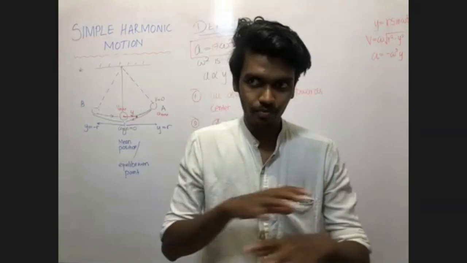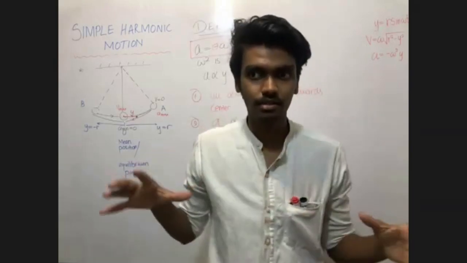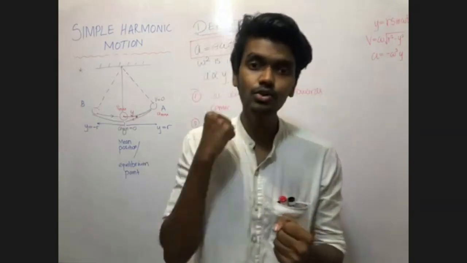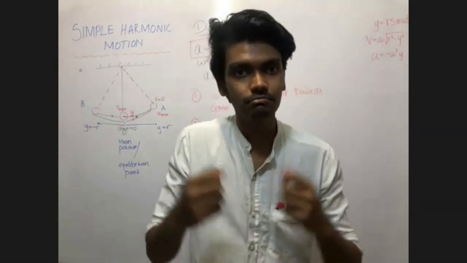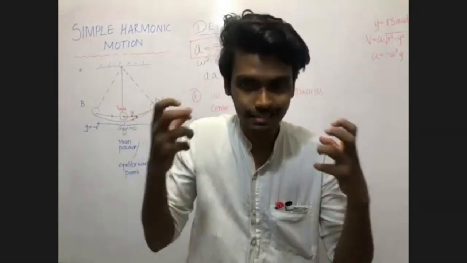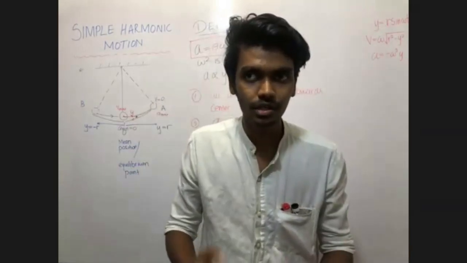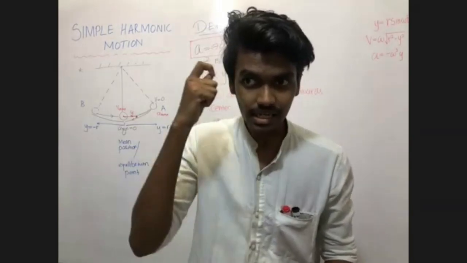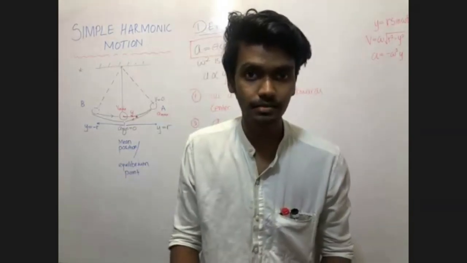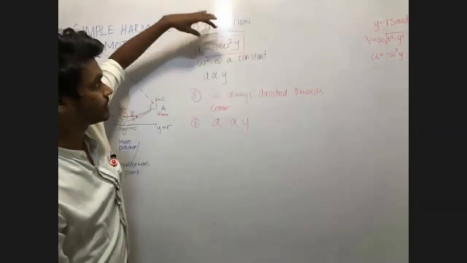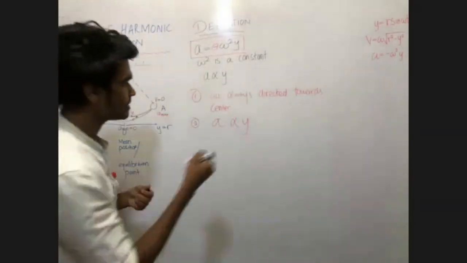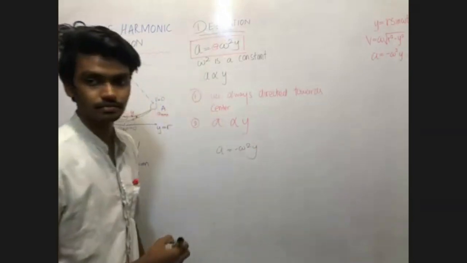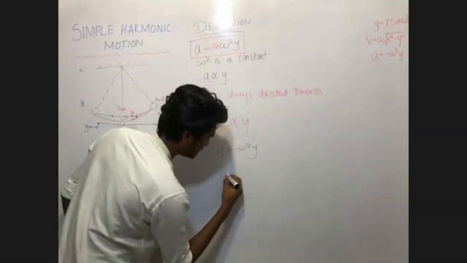The long story in short is, if you need to show a certain motion as a simple harmonic motion, you need to prove that the acceleration of that particle has this kind of a format.